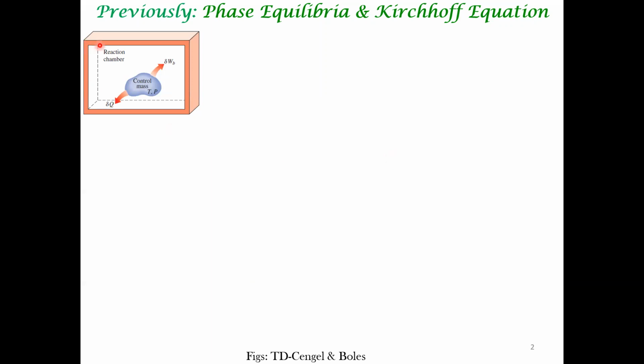So we considered a system, a controlled mass, say, a chemically reacting system that's under constant temperature and pressure, and combined the first and second law and then obtained the general condition that the Gibbs free energy of the system is less than or equal to zero. At equilibrium, it is zero.